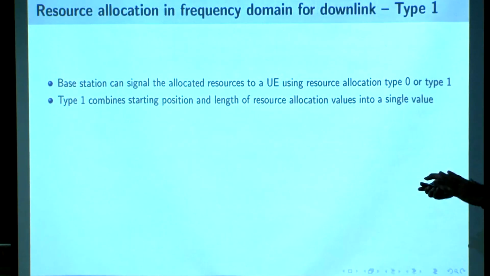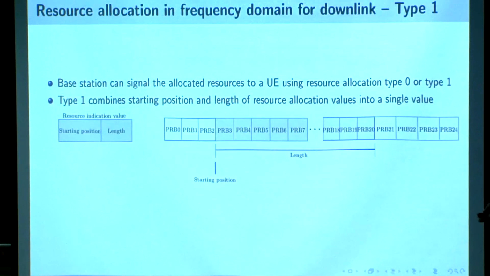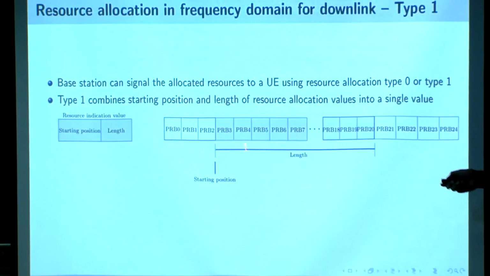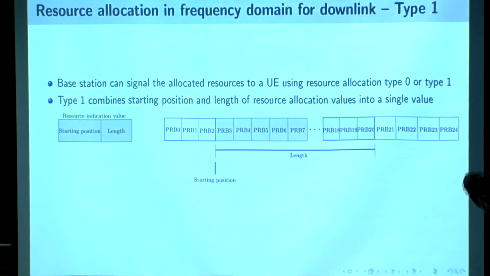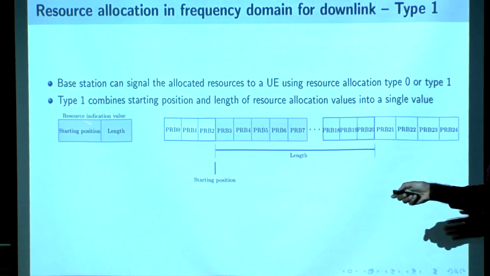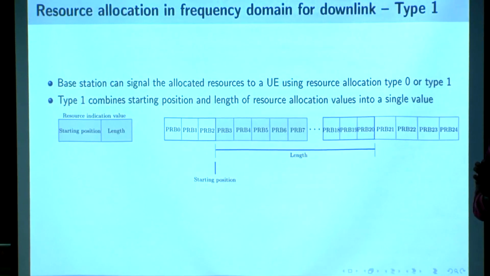There is a formula which encodes both in a single number. This is called RIV, resource indication value. It is the starting position and how many contiguous PRBs you are allocating to this user. The length and the starting position can be encoded with a formula, and that is the information you are going to send.